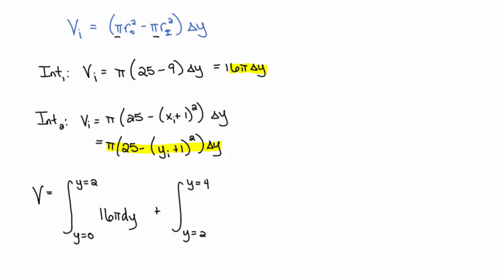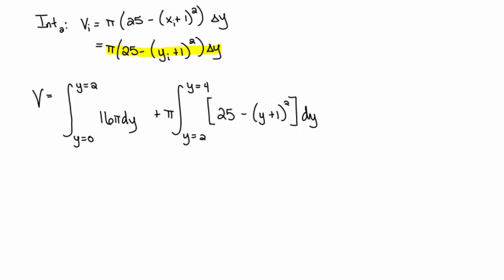But these plates are all going to be of volume pi, which I'm going to factor out, times the quantity 25 minus quantity y plus 1 squared and dy. And from this point forward, it's an integration problem. All we have to do is integrate this stuff to figure out what the true volume is.